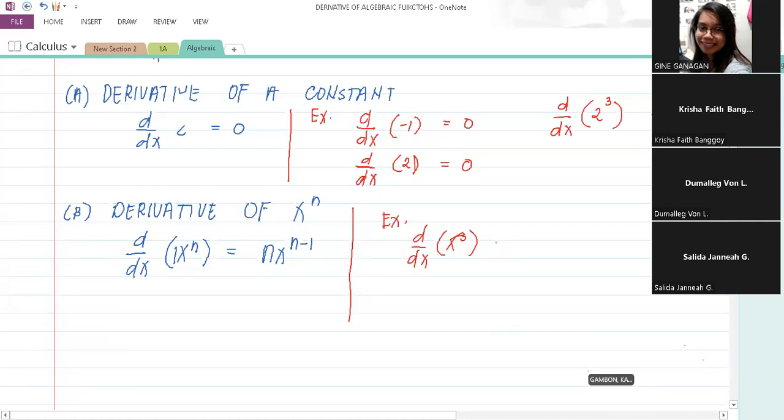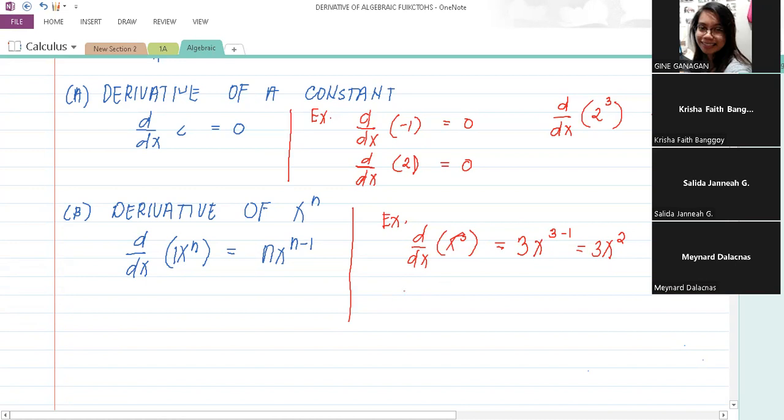Diba? So ang derivative niyan, 3 times 1, that is 3. Then x raised to the exponent na 3 minus 1. So this will be equal to 3x squared.